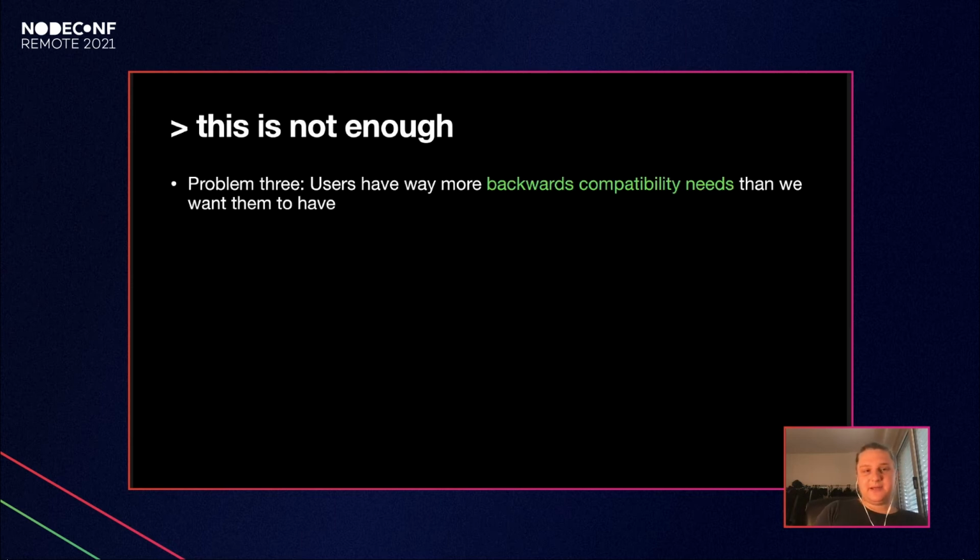And the third problem that I want to mention is, users have way more backwards compatibility needs than we would want them to have. So this is, again, a drop-in replacement for the legacy shell that we provided. And so people expect things to work the same way, even if it includes things like undocumented APIs, because they were using that.